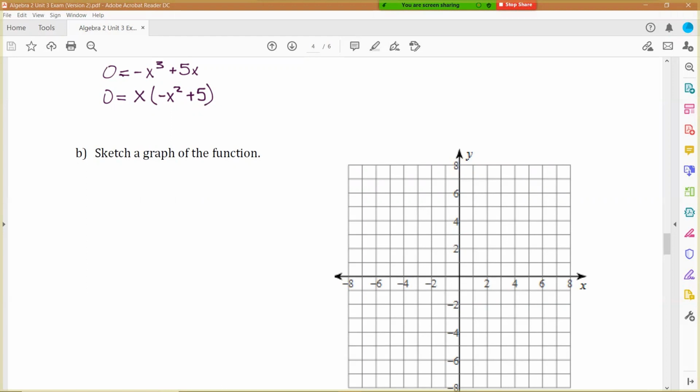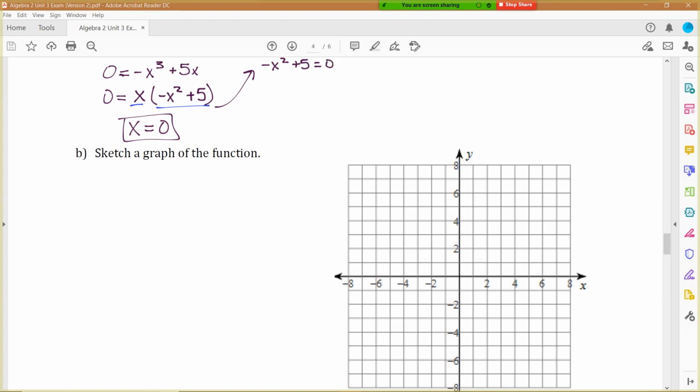After I factor out the x, I can't factor negative x squared plus 5 any further. So I'm going to have to set both of these terms equal to 0. The first one's easy, x equals 0. Boom, done. The second one, I'm going to go over here. Negative x squared plus 5 equals 0.